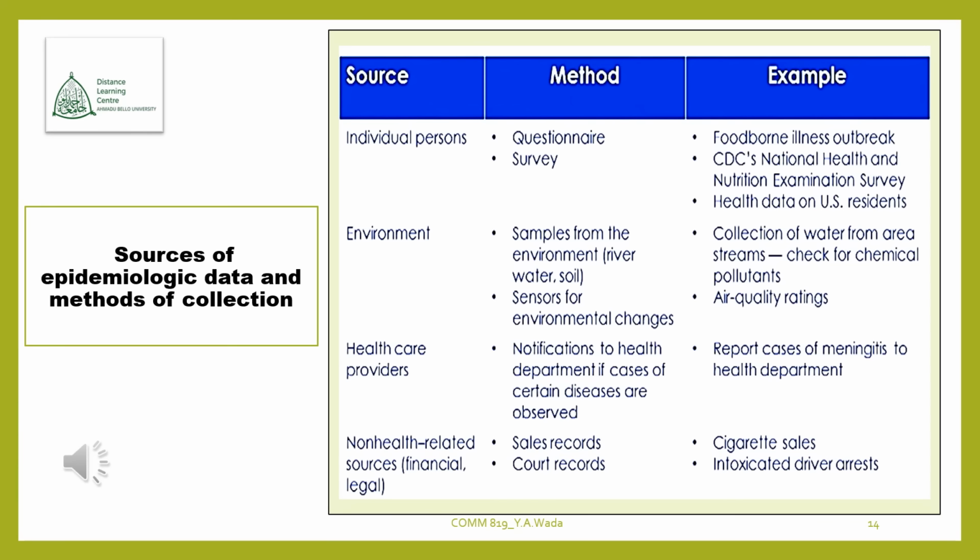But to test this hypothesis, there are different study designs that are usually used, and these are experimental and observational study designs, which will be our topic of discussion in our next class.